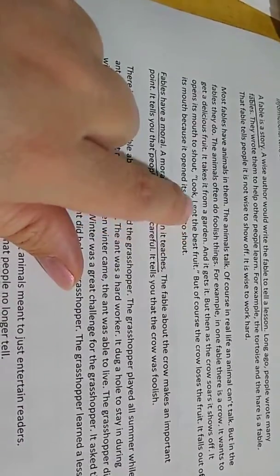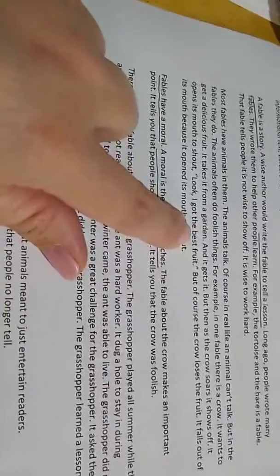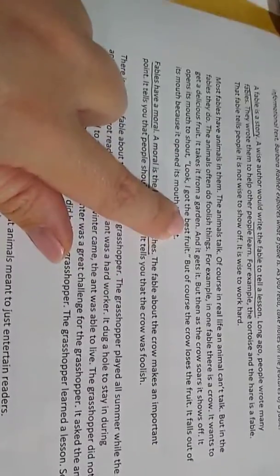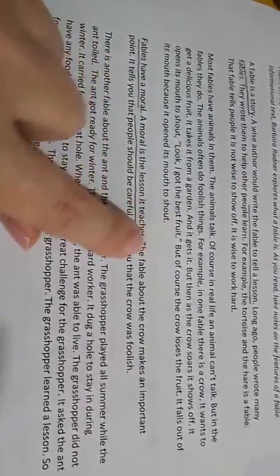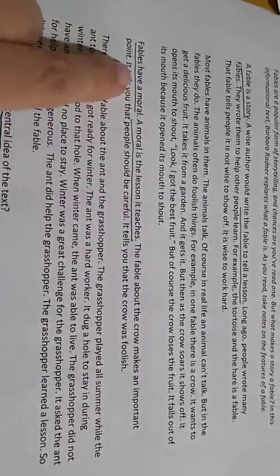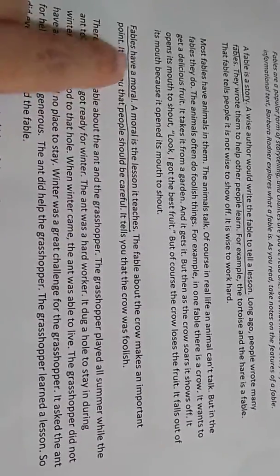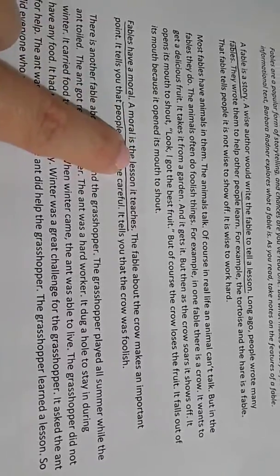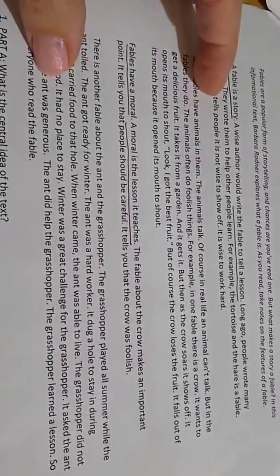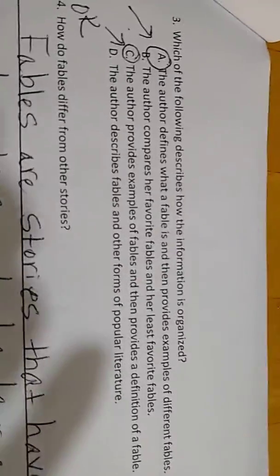So it's a fable that kind of teaches a lesson about not being boastful and foolish. But then it goes on and it tells a little bit more about fables. Fables have a moral. A moral is the lesson it teaches. So that's why Miss Clyde would consider C also an appropriate answer. So A or C, even though A is probably the best answer.